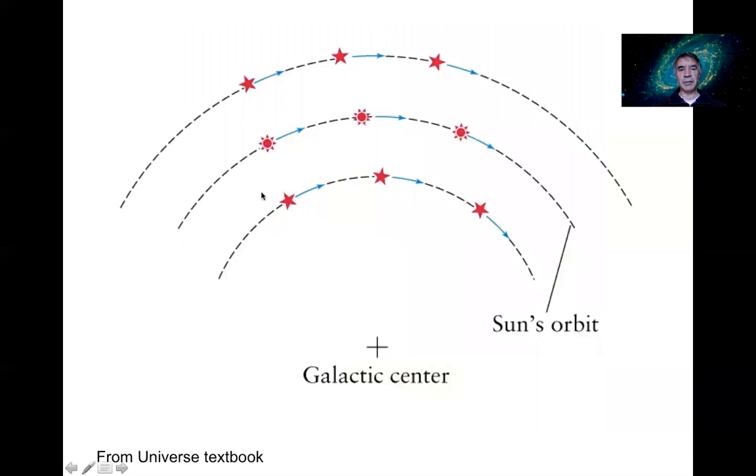Okay, here's the idea of stars overtaking each other and differential rotation. Here's the center of the galaxy. Here schematically is the sun going around in its circular orbit at 220 kilometers per second. And all the stars are going at 220 kilometers per second. But these ones further in have less of a circumference to cover on their orbit, and so they will gradually overtake us on the inside.